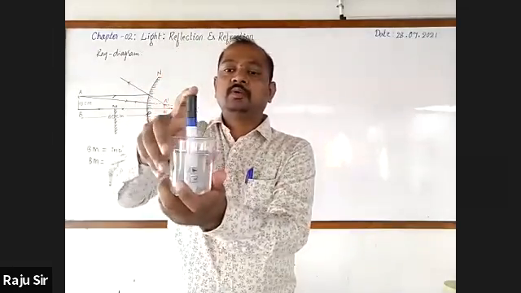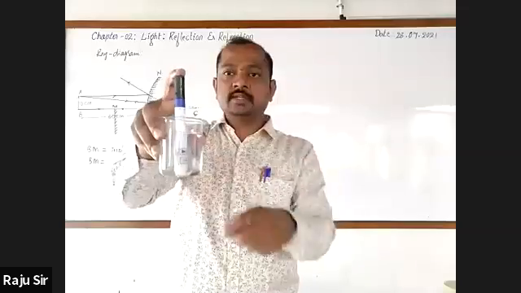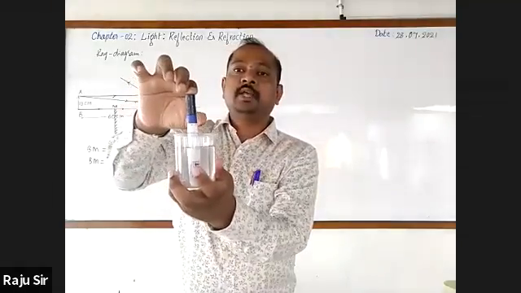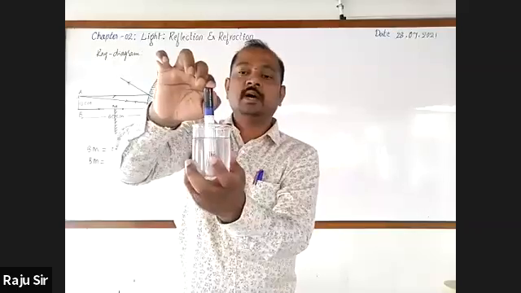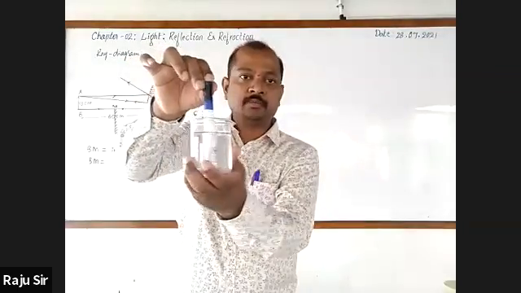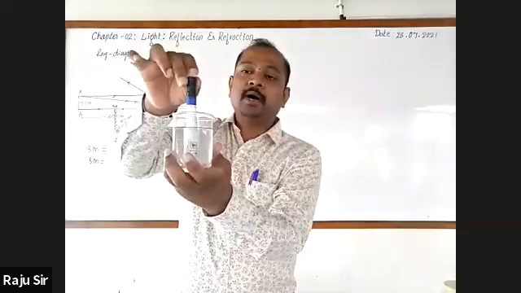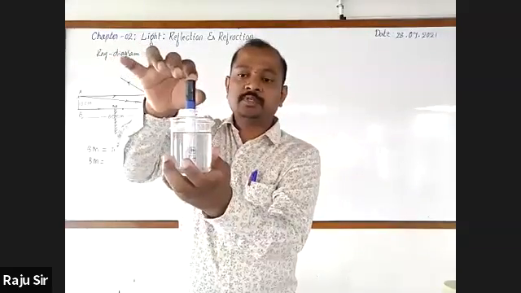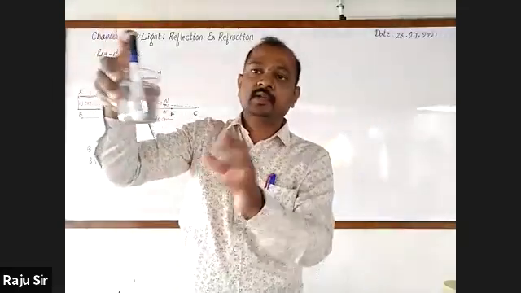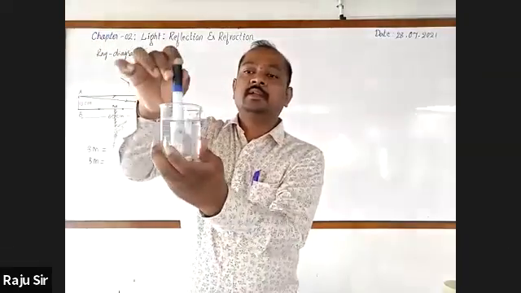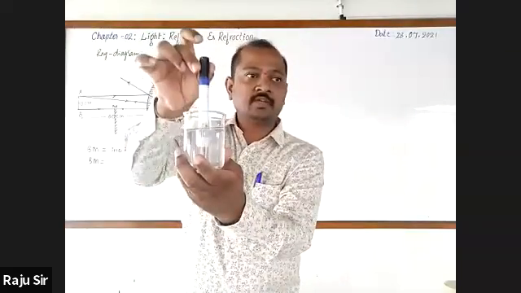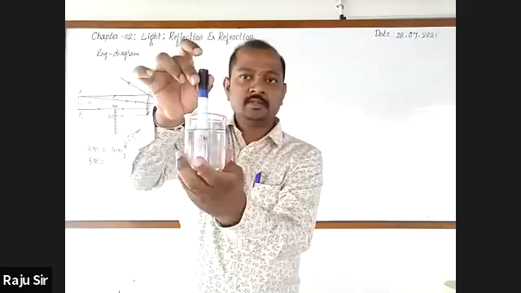You can notice that when it is inserted in the beaker containing water, some part of the marker is above the surface of water, and some part is below the surface of water. Then how does the part of the marker which is inside the water appear? Larger than the object. It appears thicker than the actual size, right?